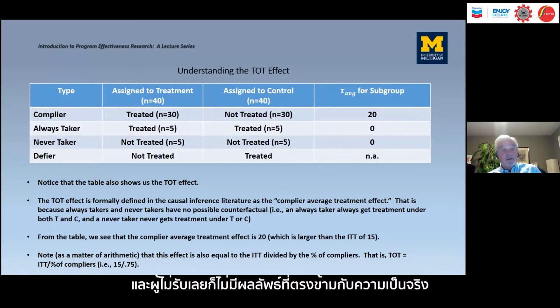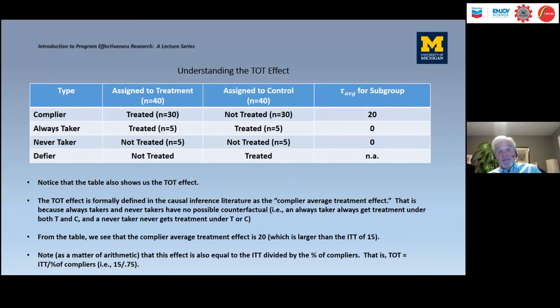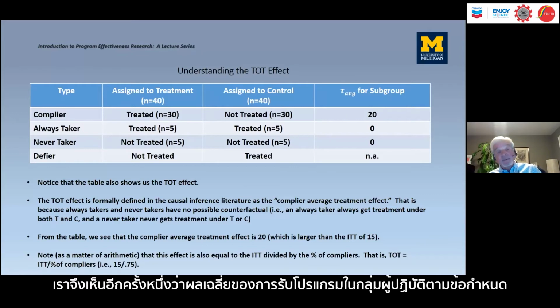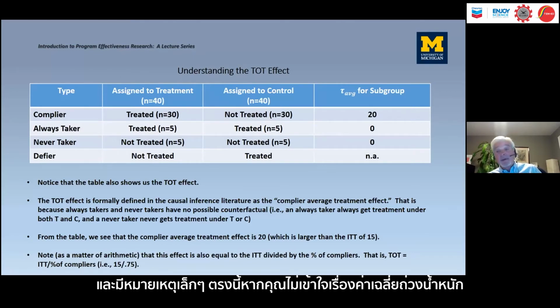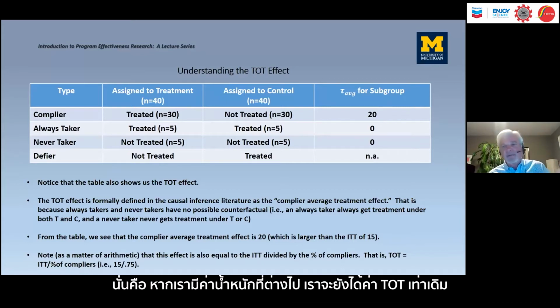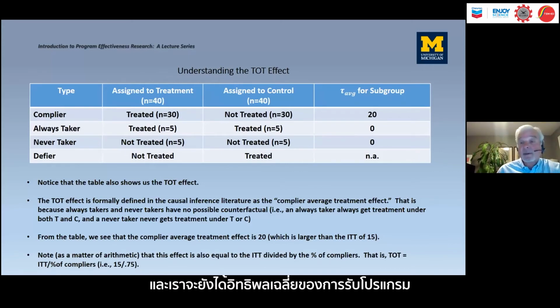And the never takers have no counterfactual because they are never treated, and we're assuming away the problem of defiance. So again, we see that the complier average treatment effect is 20, and that's larger than the ITT. And a little note here: if you don't understand weighted averages, even if we had different weights assigned to this, we'd still get the same TOT and the same complier average treatment effect.